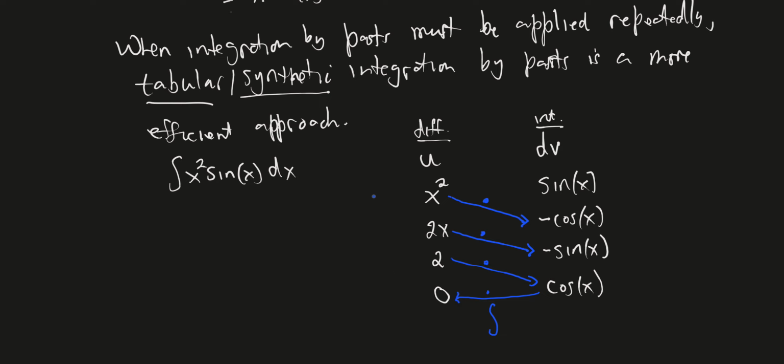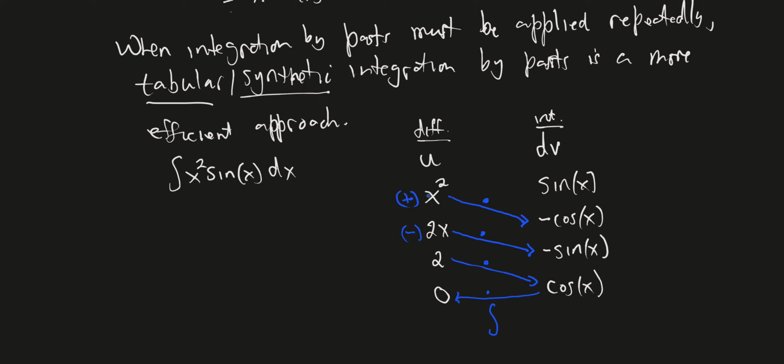Now, there's just one other thing we need to do to make sure that our formula is correct. Because the integration by parts formula has a negative sign between the uv and the integral of v du, every time you apply it, the signs get flipped. So the way that shows up in the table is that we start with a positive coefficient there, and then we alternate it. Each time we do another row, we switch the coefficient.